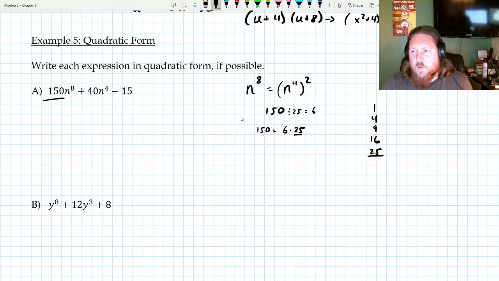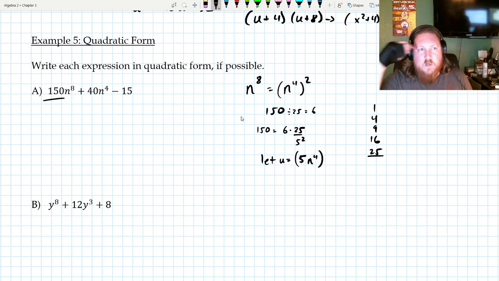Well, and 25 is a perfect square. That's really just 5 squared. So now I know I've got to have a coefficient of 5 in here. So I'm going to let u equal 5 n to the fourth.